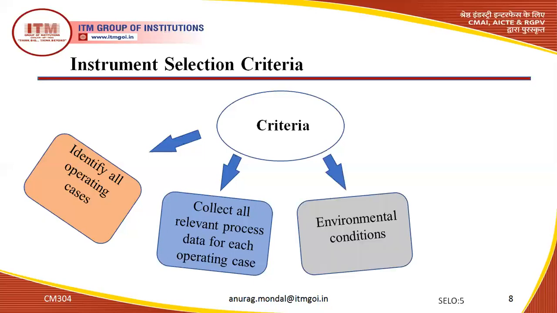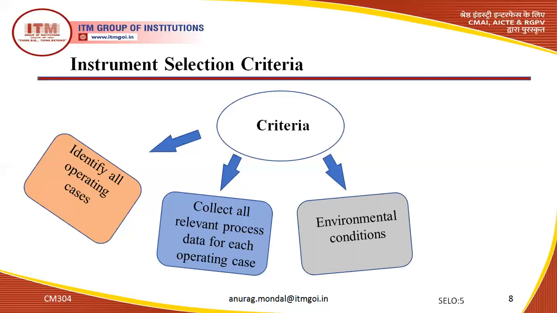Then environmental condition. As I just discussed, if a flammable liquid is there, we never proceed with an instrument that has an electrical nature, because if we use that electrical instrument or sensor, the whole liquid may burn. So we have to keep the environmental condition in mind.